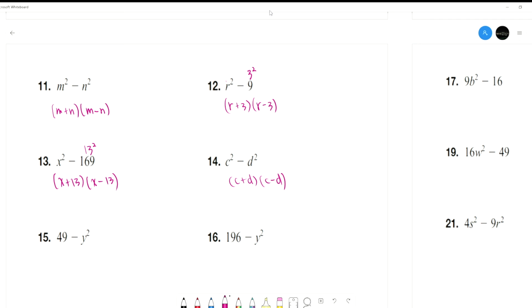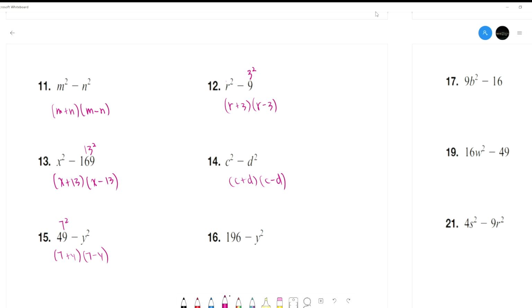Did y'all finish number 15 and 16 as well? Yeah? Okay, so 49 is 7 squared. So don't mess up the order here. It's always the first and then the second, right? 7 is the first this time. So that means this is (7 plus y) times (7 minus y).